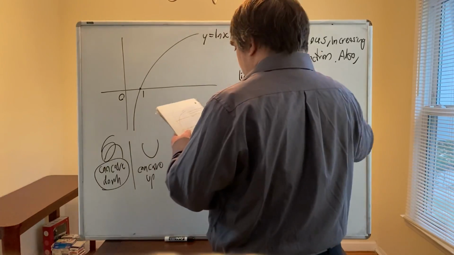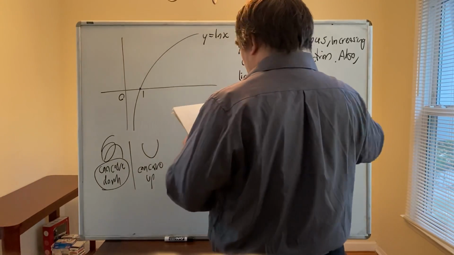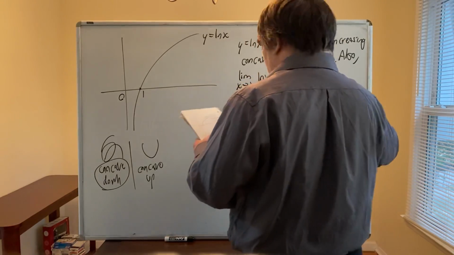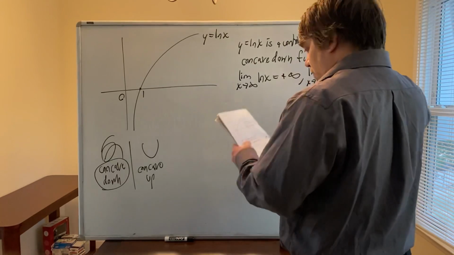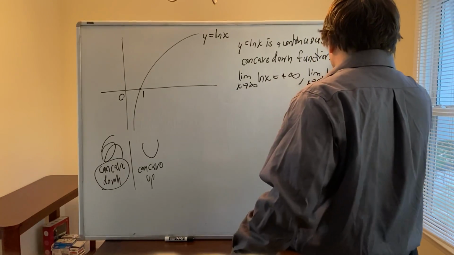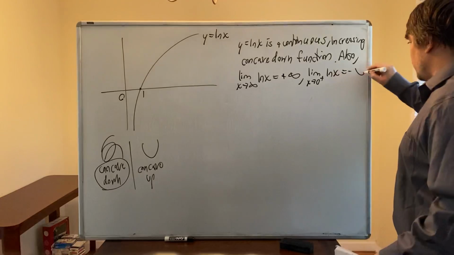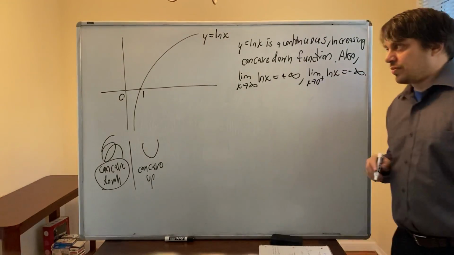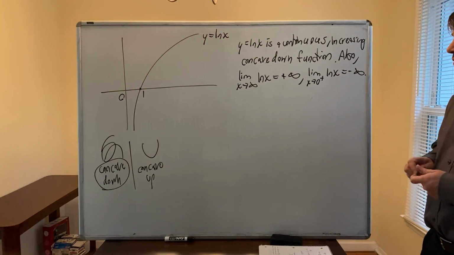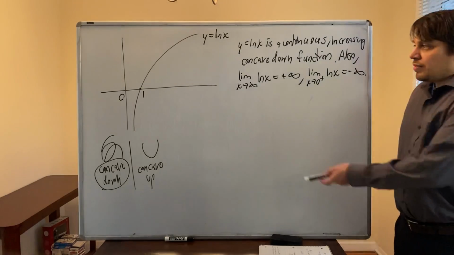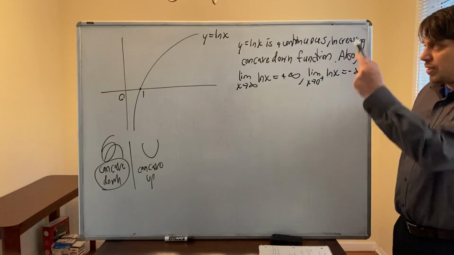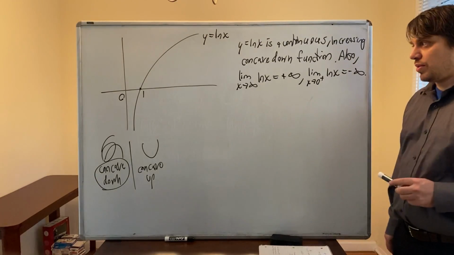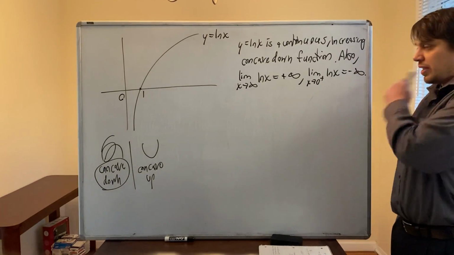Also, limit as x approaches infinity of ln x equals plus infinity, and limit as x approaches 0 from the right of ln x is negative infinity.